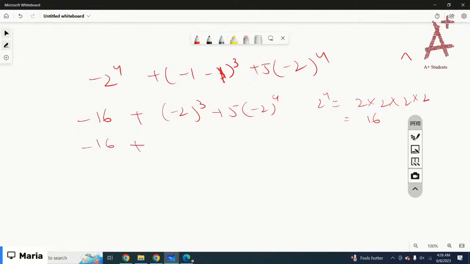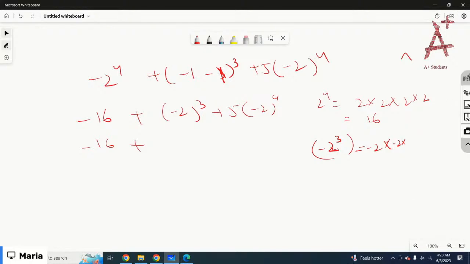Now you have to evaluate negative 2 exponent 3. Basically the negative sign is inside the bracket. Got it? That means you have to multiply negative 2 three times. Negative 2 times negative 2 is positive 4 and positive 4 times negative 2 is negative 8. So it would be negative 8. Now you have to evaluate negative 2 exponent 4, that would be 16. Got it?